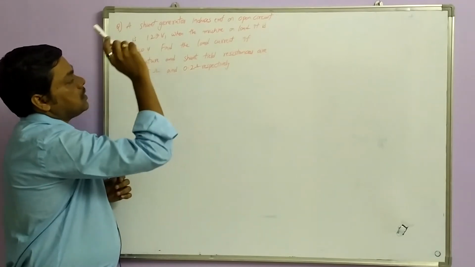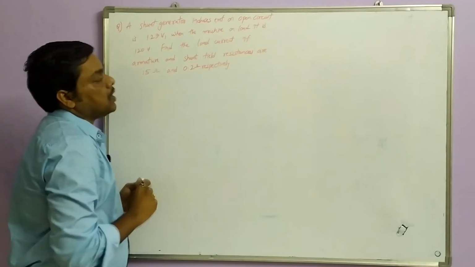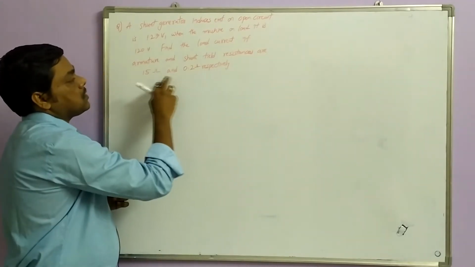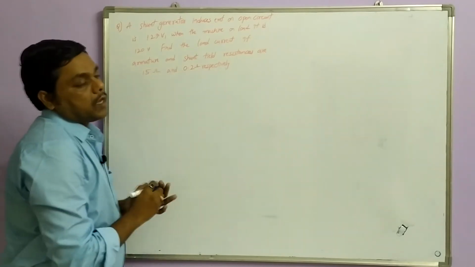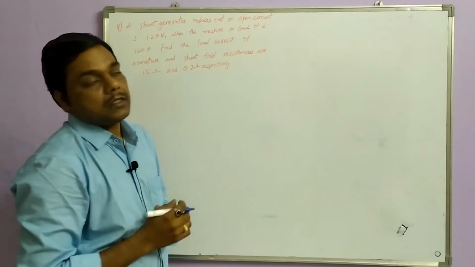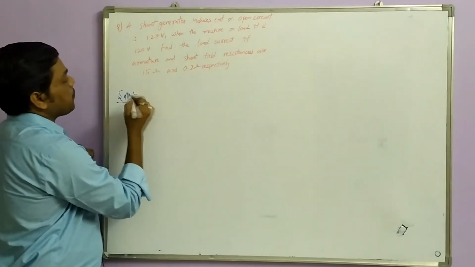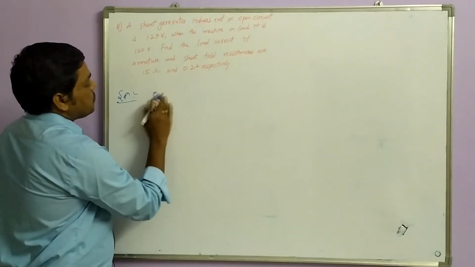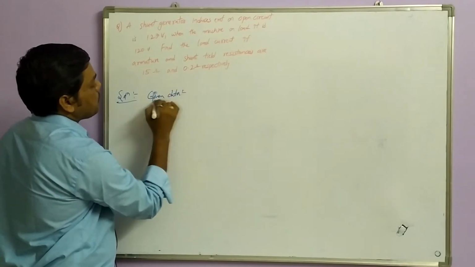Now for this, if EMF is 127 and voltage is 120, what is the load current with these resistances? 15 ohms as shunt and 0.2 ohms as armature resistance. Now the solution is obtained by writing the given data first.